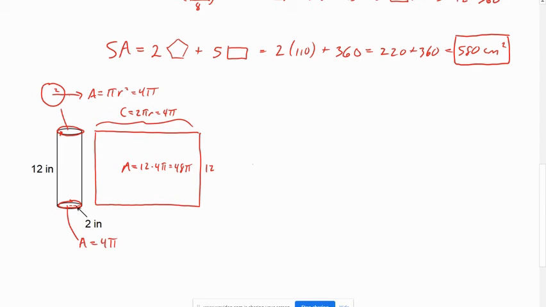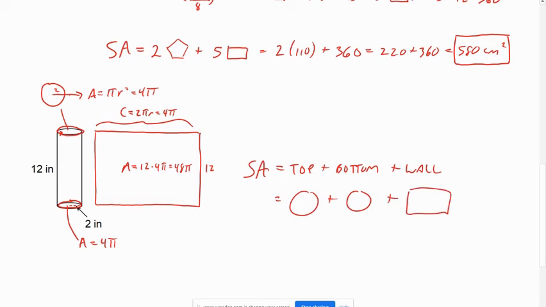So the total surface area is only 3 shapes. It's the top plus the bottom plus the wall. Or you can think of that as a circle plus a rectangle. And the area of each circle we said is 4 pi. The wall, which is also known as the lateral area, is 48 pi.